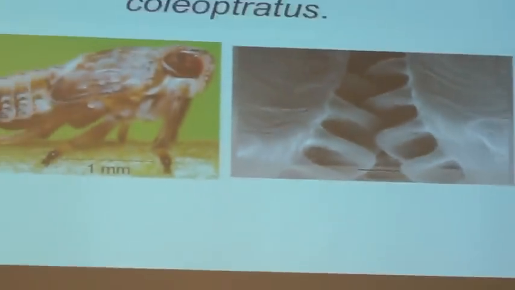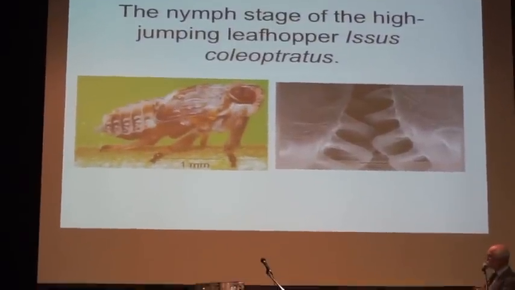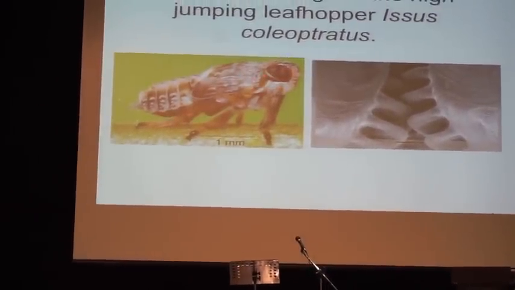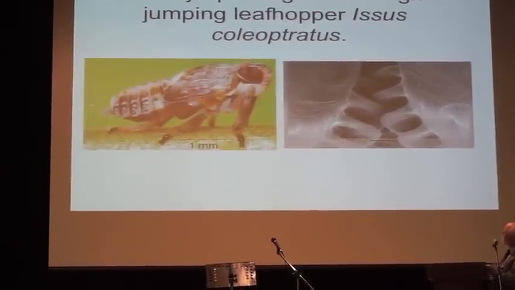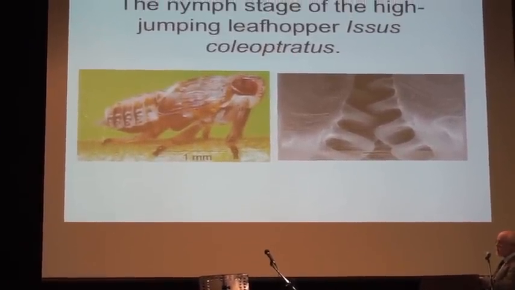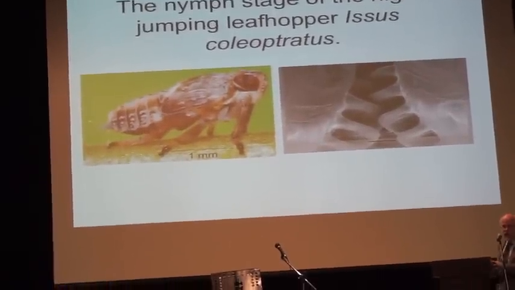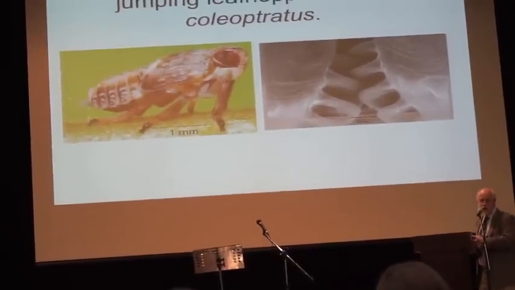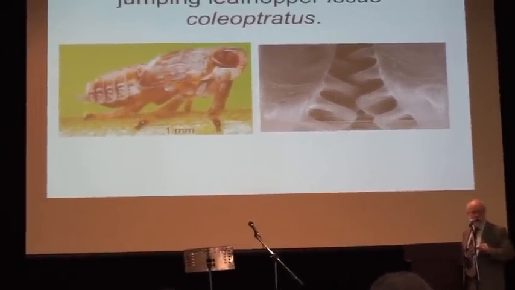I just wanted to show a couple of neat little pictures here of things that have been discovered recently. It was discovered that this insect here, this good-looking insect, in one stage of its life, it's called a leaf hopper insect, and it can really jump very high and very fast. And in order to do that, its back legs have to go at the same time to coordinate the power stroke.